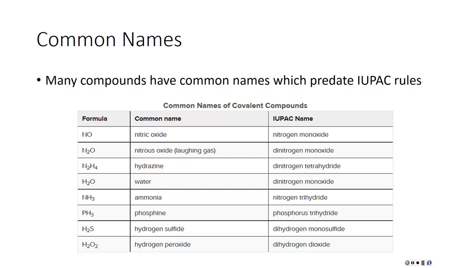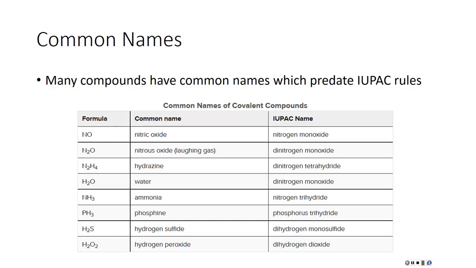You guys don't need to know any common ones at all, but I just want you to be aware that sometimes common names aren't the true official names according to the chemistry journal. Laughing gas is N2O, nitrous oxide. The proper name would be dinitrogen monoxide, just like water. Largely it's because the names were around long before the rules, so we just stick with them.